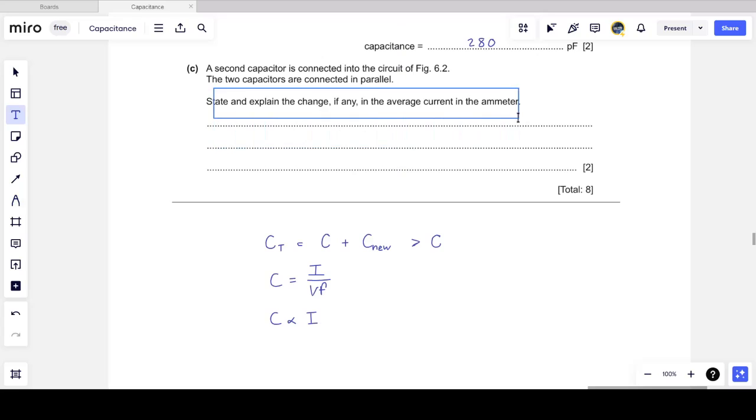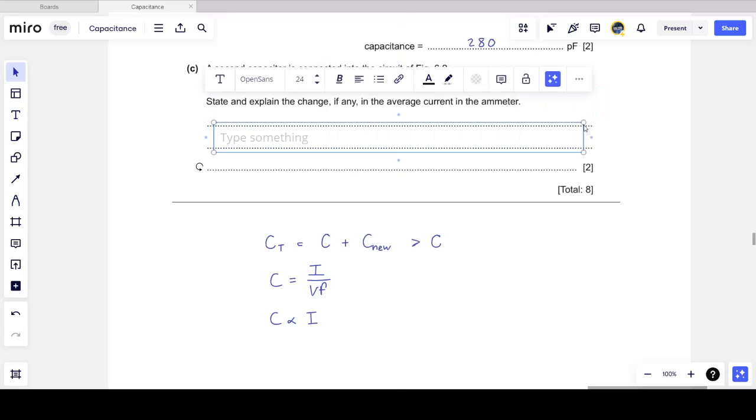So I need to state what I did in mathematics in words. So I can say that the total capacitance increases. I don't have to explain why. It's understood. It's expected that I understand this. Total capacitance increases in parallel.